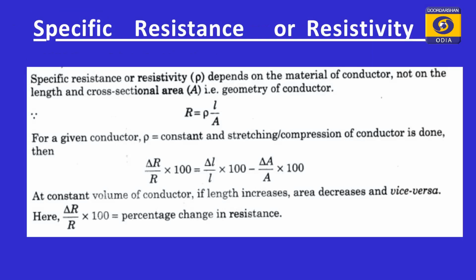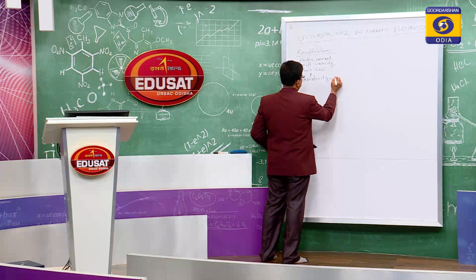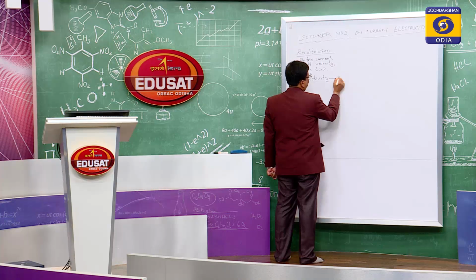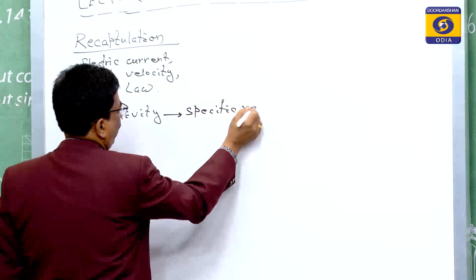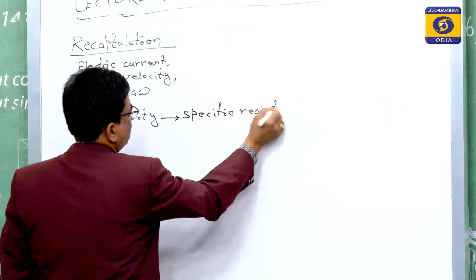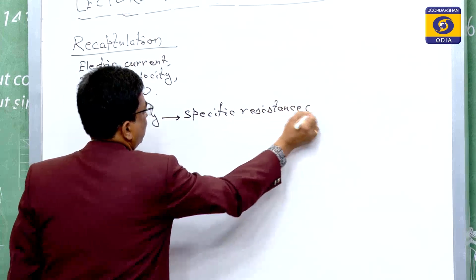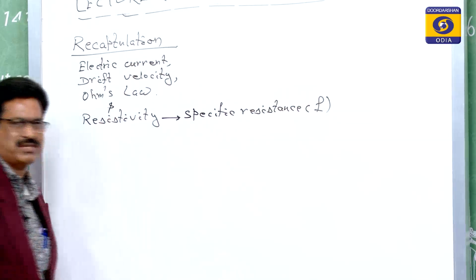Next one is the specific resistance or the resistivity, about which we discussed in our last class. Resistivity, whose other name is specific resistance, is represented by the symbol rho.